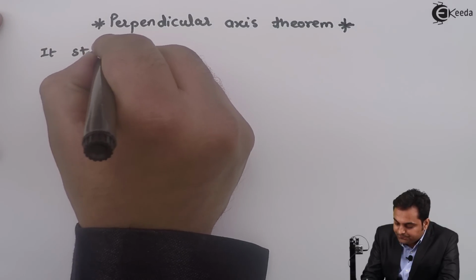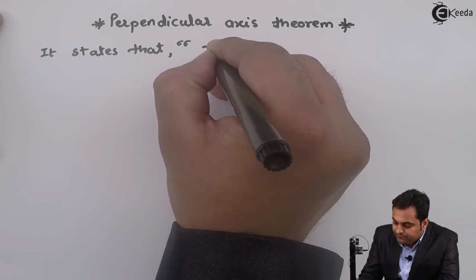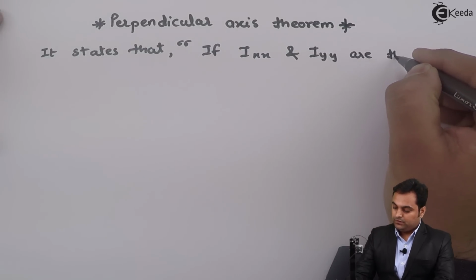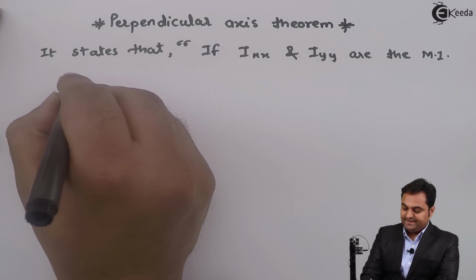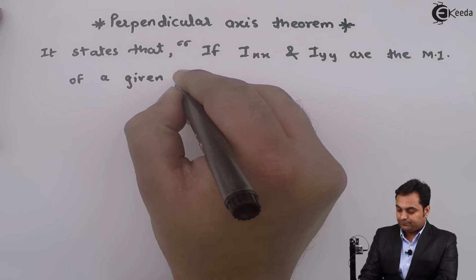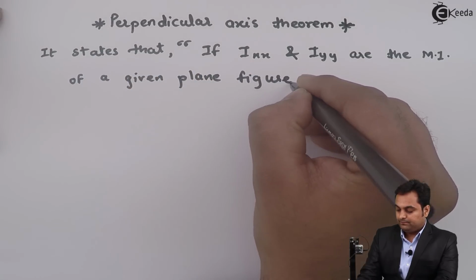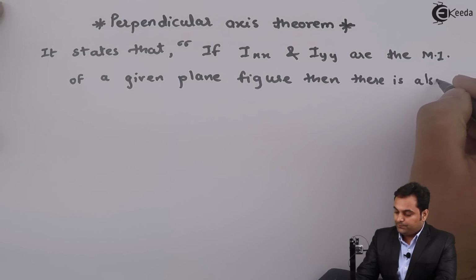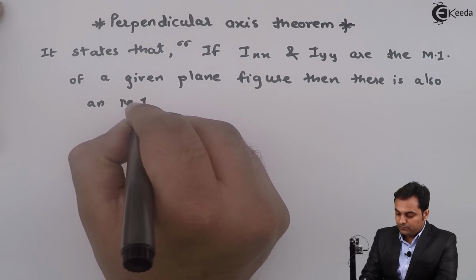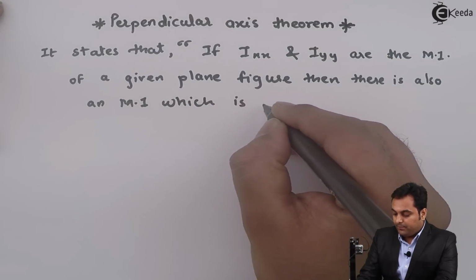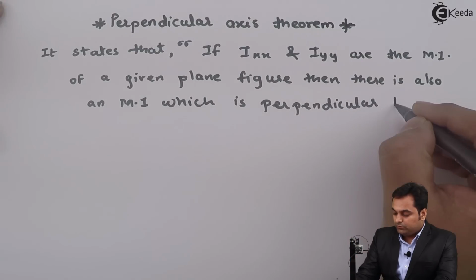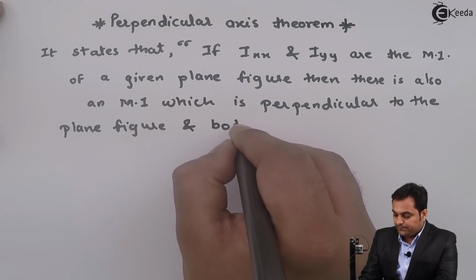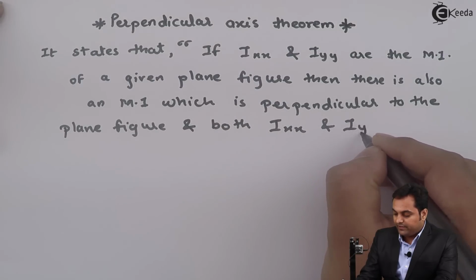it states that if Ixx and Iyy are the MI, that is moment of inertia, of a given plane figure, then there is also an MI which is perpendicular to the plane figure, and both Ixx and Iyy.